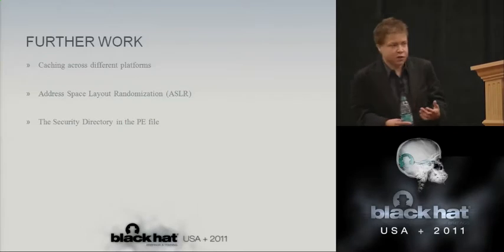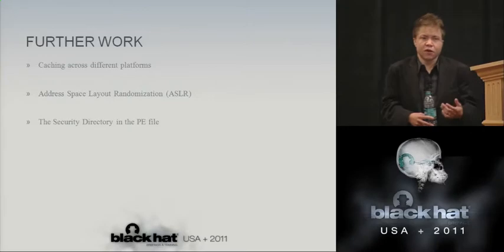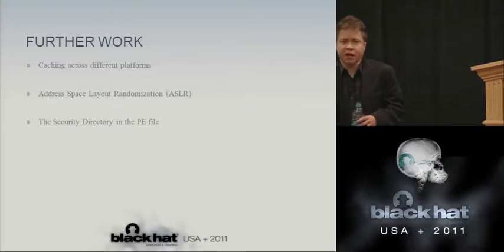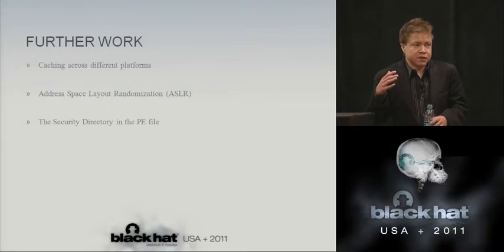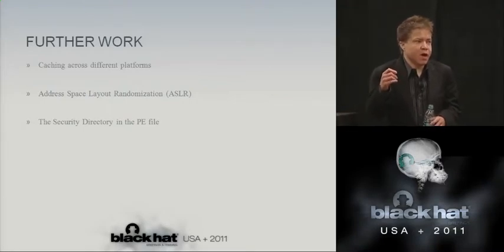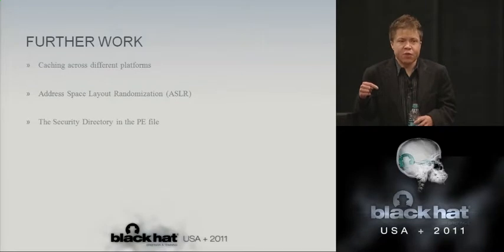So typically you won't have that problem of the binary not loading where it requested. However, when address space layout randomization is in use, which is the newer 64-bit platforms, then the loader is going to move that binary around. So it's not going to be at the same static location. Because of that, if there were relocations to do, the OS will have made those changes, and therefore the hash in memory won't match the hash on disk.